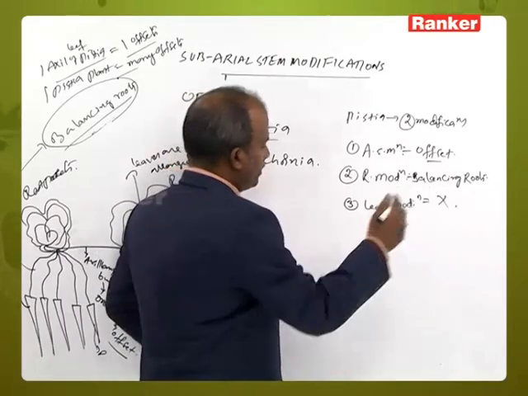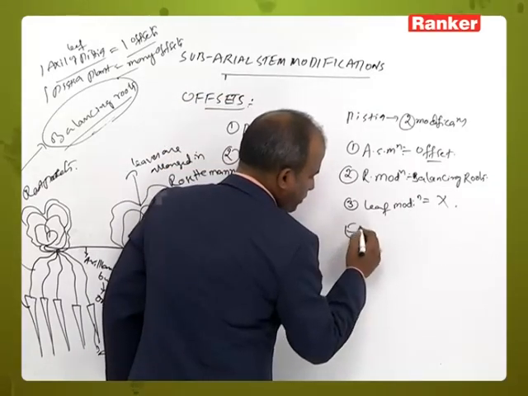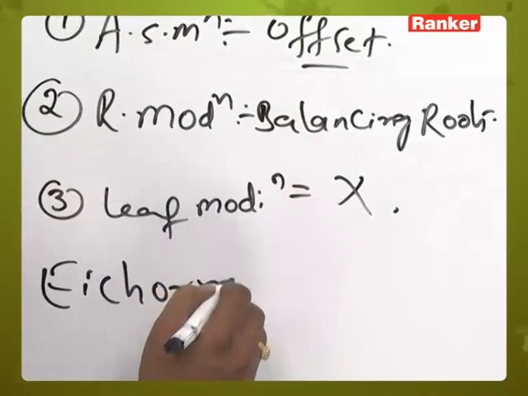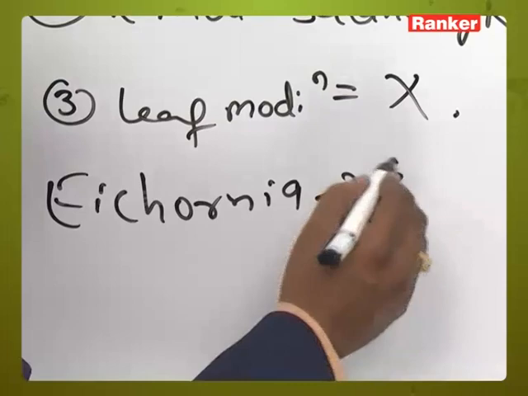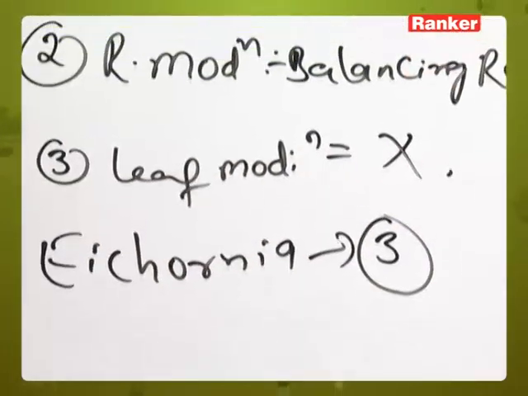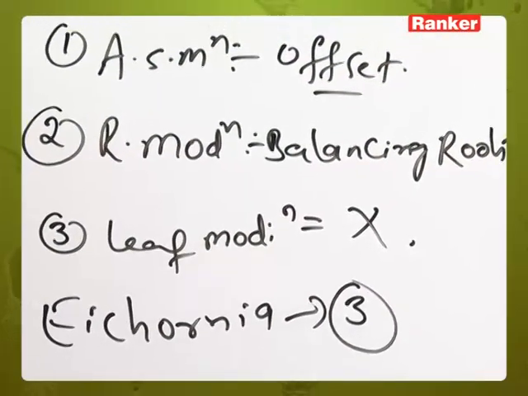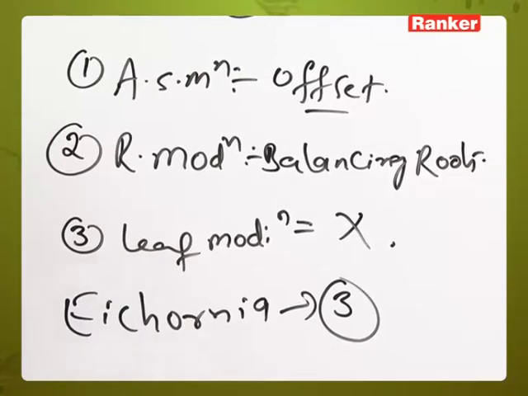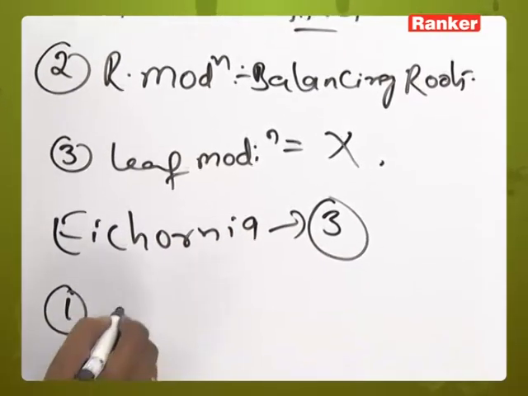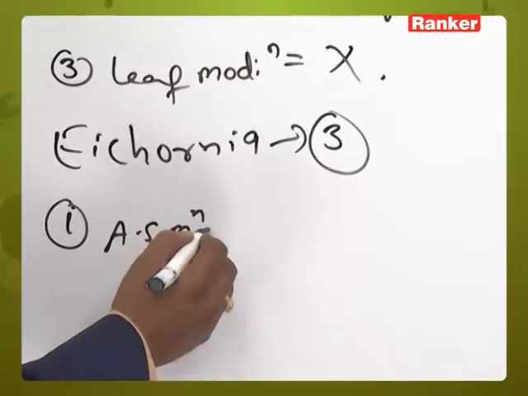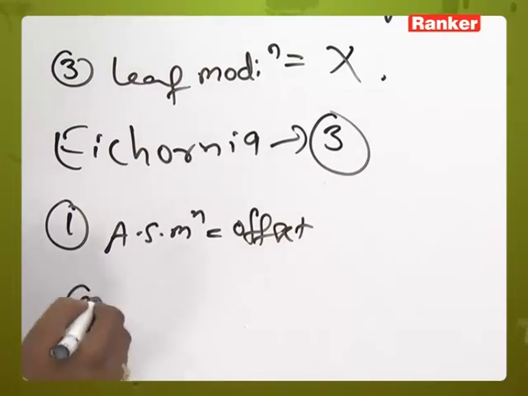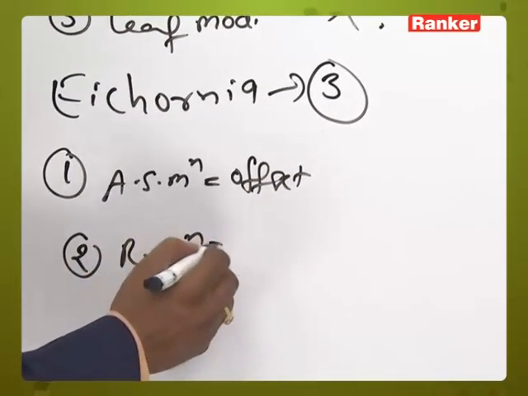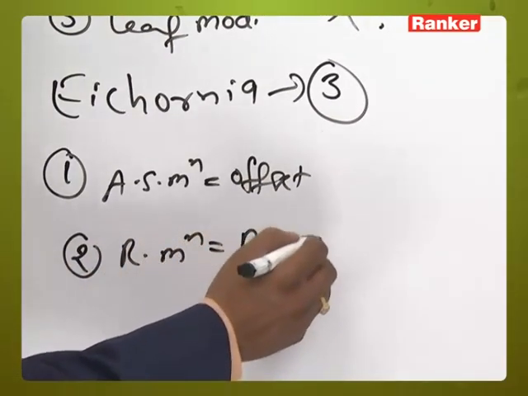And one more thing here, in another example, namely Eichhornia. Eichhornia shows three modifications. What are the three modifications? One, aerial stem modification, that is offset. Second, root modification, that is balancing roots.